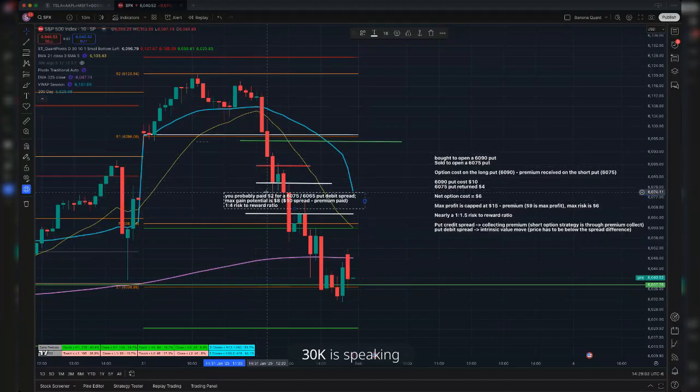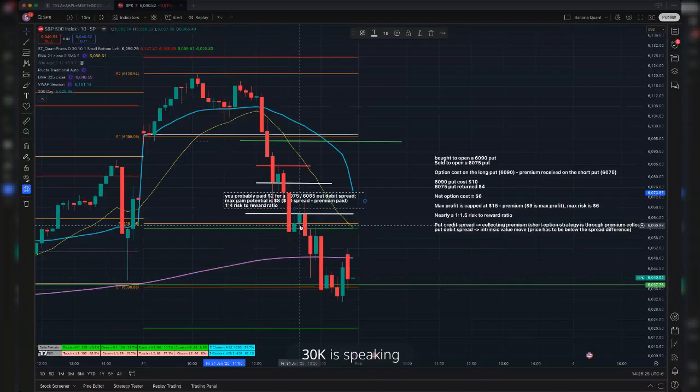You would have needed price to close at 60-69 for you to make money, versus price needing to close at 60-73 or below. So it's very attractive for risk to reward.